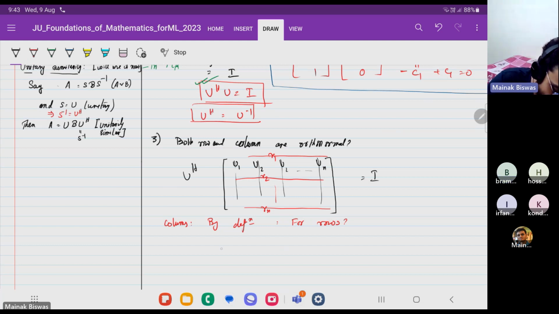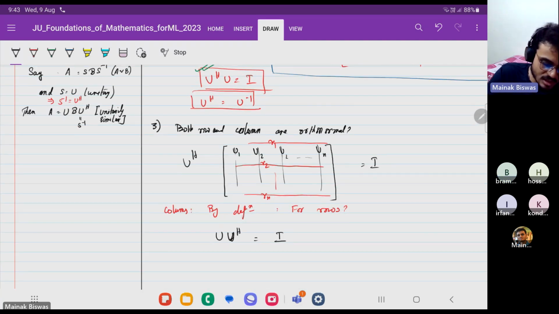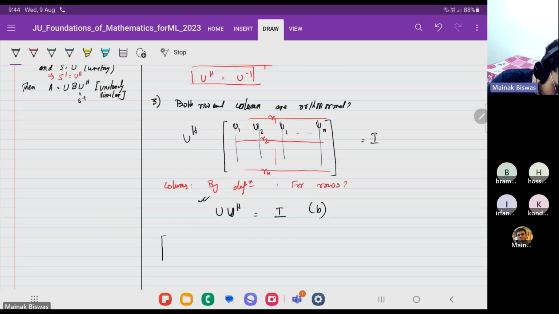Promojit, your idea only will hold? And the transpose. Yes. So instead of U Hermitian U, we will do U U Hermitian. We have seen in the previous part B that it is true as well. So if we do U U Hermitian, what is this?